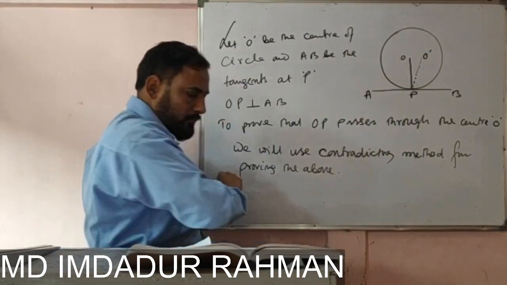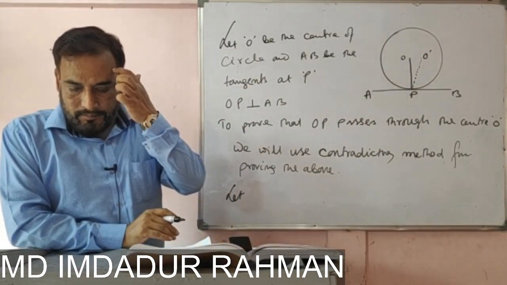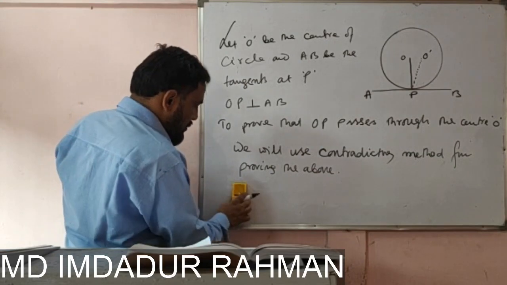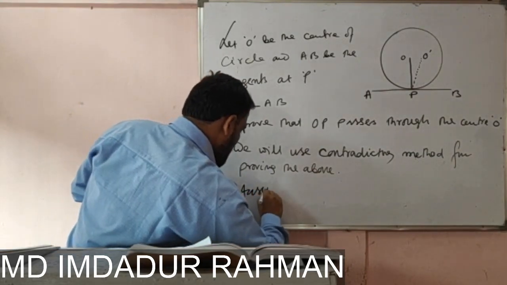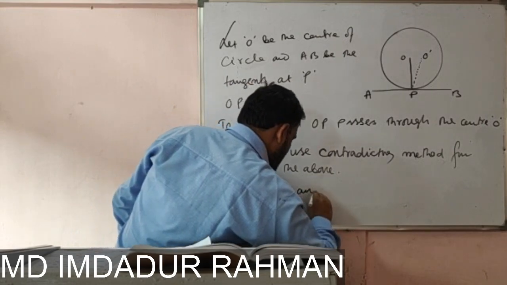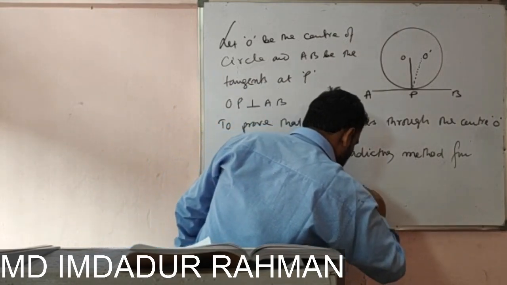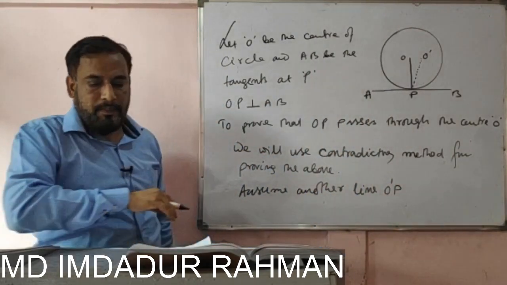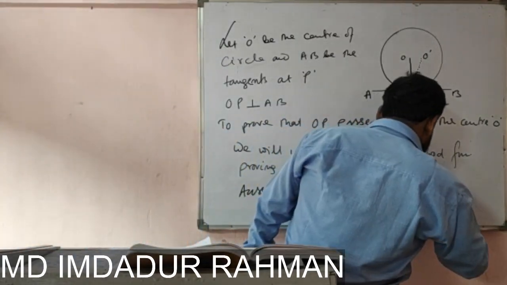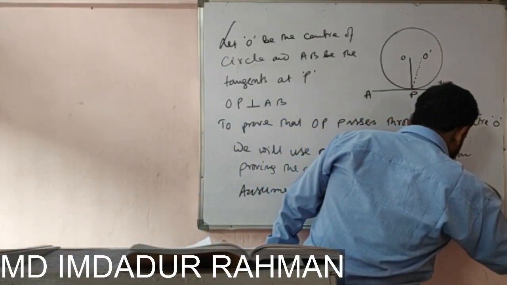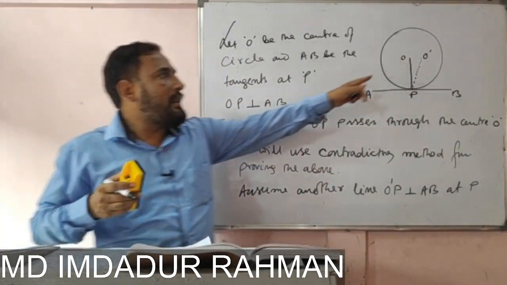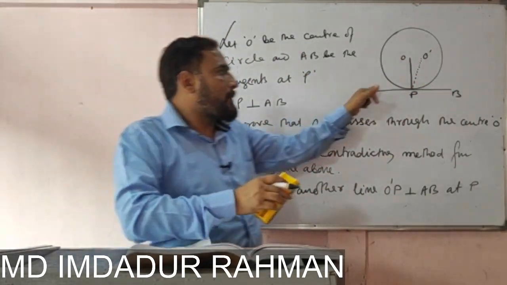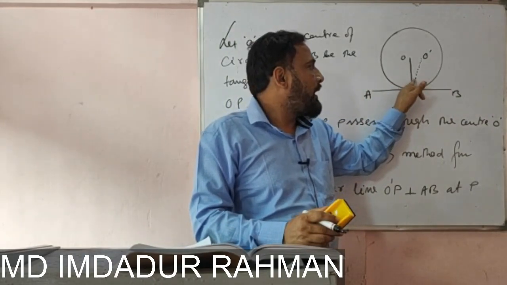Let us assume another line O dash P, O dash P perpendicular to AB at P. We are thinking that another line O dash P is perpendicular to AB at P. So if it is perpendicular, then it should also be 90 degrees.